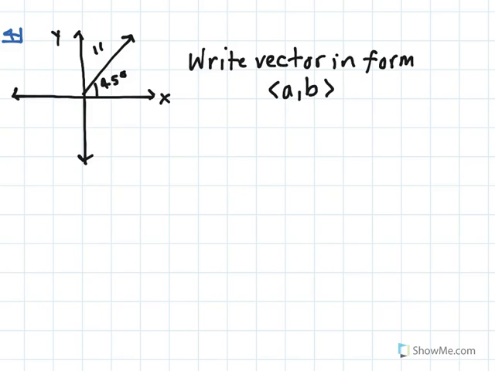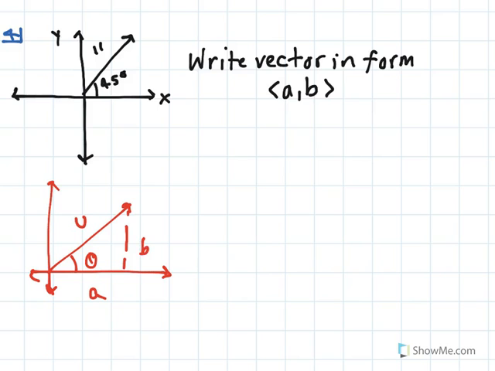So in this problem, we're given a graph of a vector, and we're asked to write that vector in component form, <a, b>. So we're sort of working backwards from where we were with our previous question. We're given the magnitude and the direction angle, theta, and so then from there we need to find a and b. So remember that we can sort of think of vectors in terms of trig. We have this vector U, our angle theta, and then we have a and b.